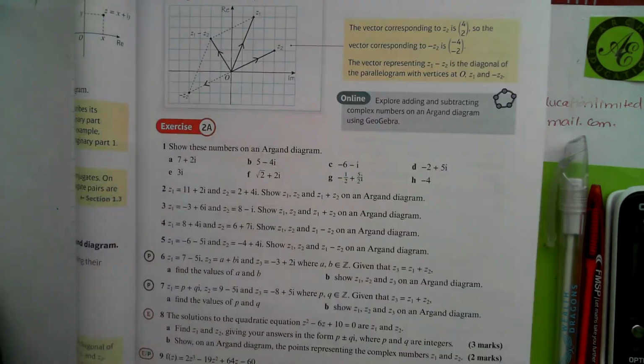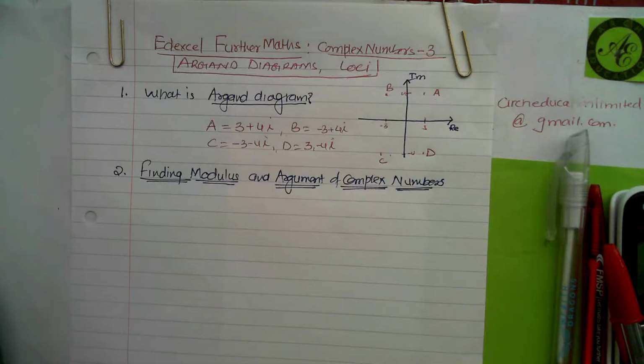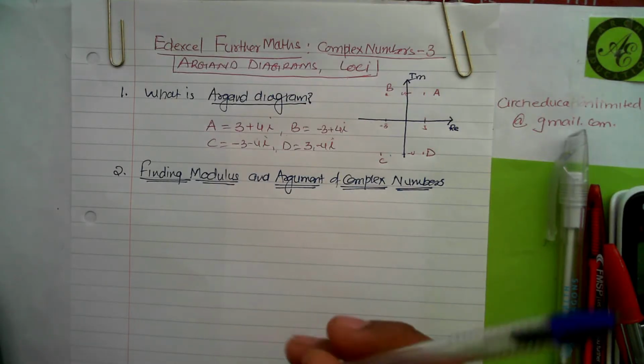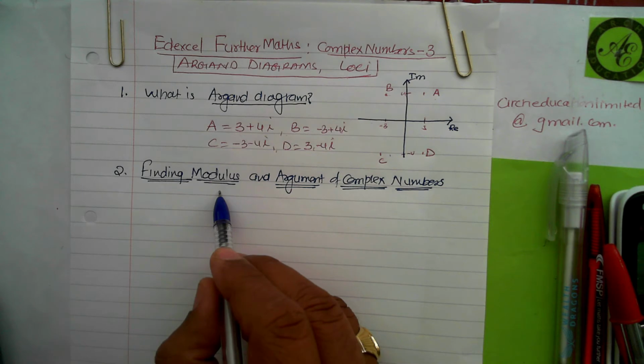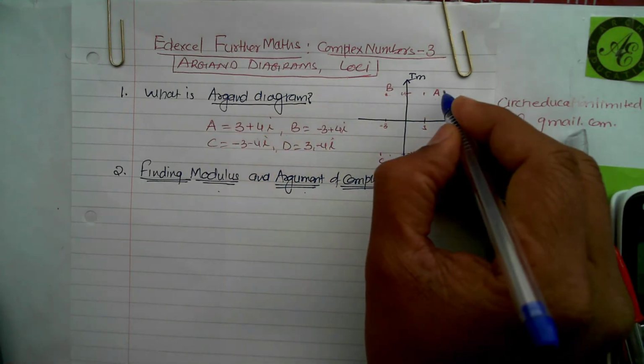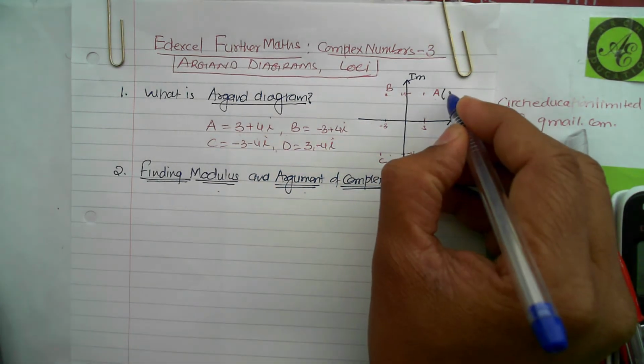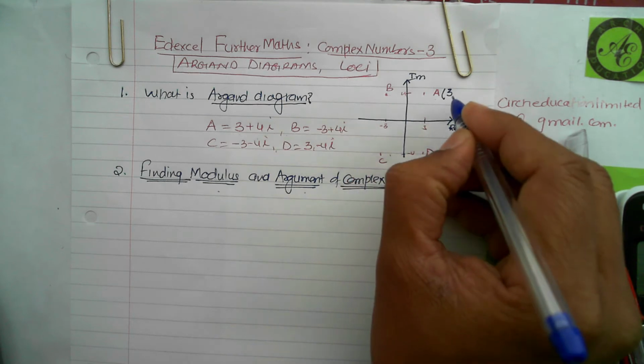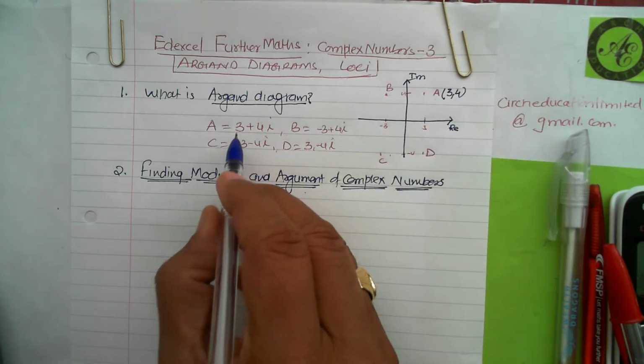And the next one is finding the modulus and argument. I'm going to do that with you now. So let's first define what we understand by the modulus and argument of a complex number. This complex number A is actually 3 on the real axis and 4 on the imaginary axis.